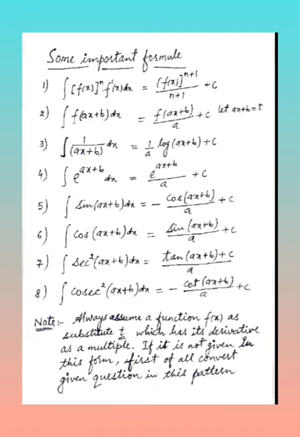It results in sine of ax plus b upon a plus c. Formula 7, integration of sec square of ax plus b into dx. It results in tan of ax plus b upon a plus c. Formula 8, integration of cosec square of ax plus b into dx. It results in minus cot of ax plus b upon a plus c.